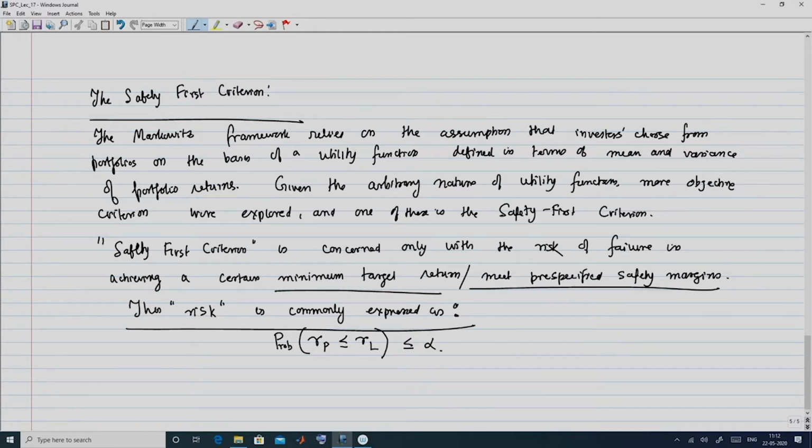So, this means that if you start off with a portfolio P and the return of the portfolio is given by RP and it is a random variable, and then you fix a minimum level of return that you want, that is some sort of a safety threshold which you denote by RL, and you want to always stay above this RL. So, from the point of view of your risk, you are worried about what are the events for which you will have RP less than RL, and what is going to be the probability of that, just to get an indication of the percentage chances that you will not be able to meet your target return of RL.